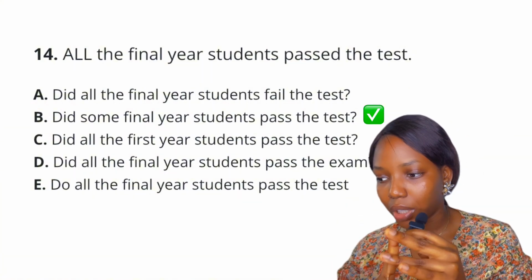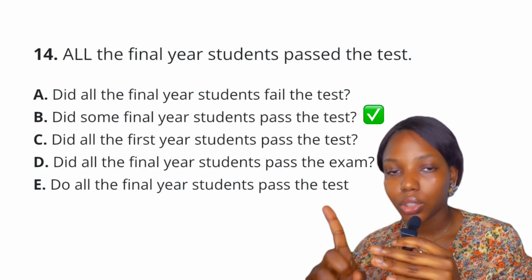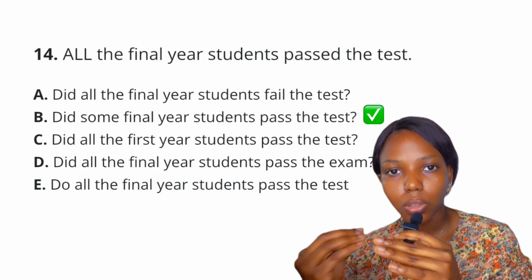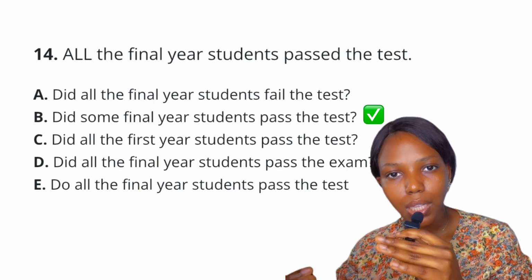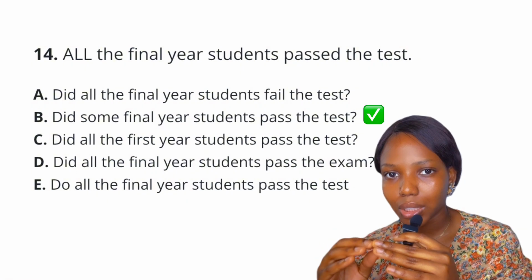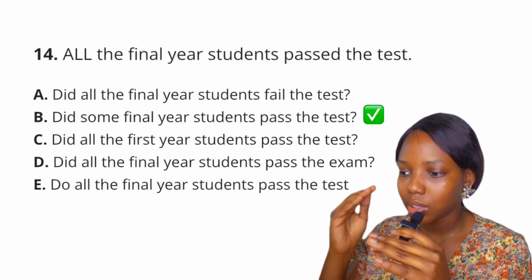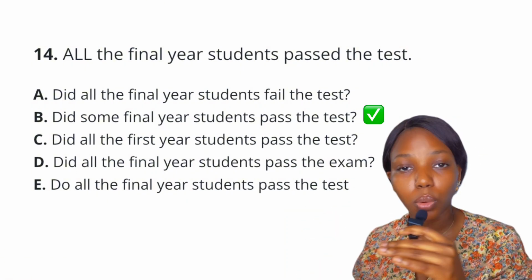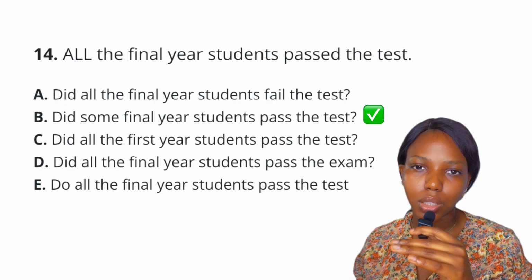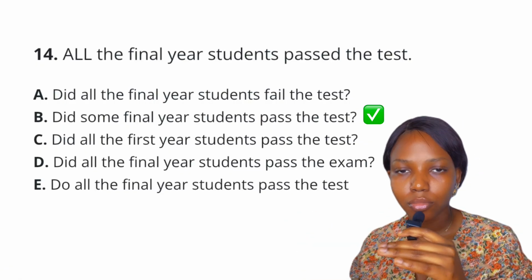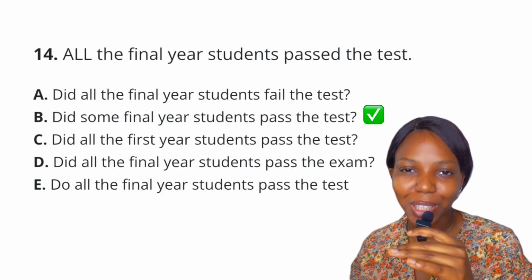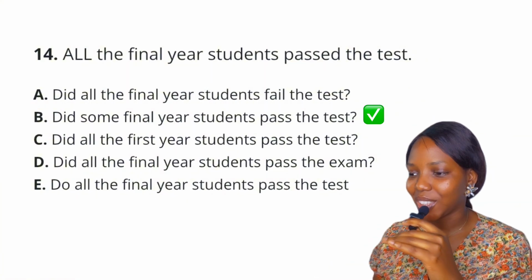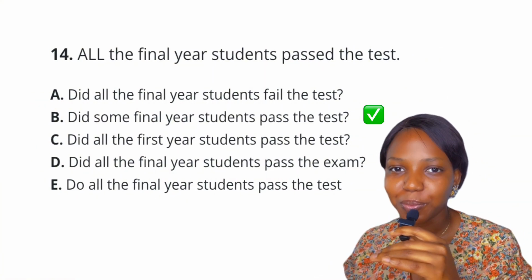You see the final year students, right? You see some, which is a natural alternative for all, and this is a perfect question that tests the contrast. Did some final year student pass the test? No, all the final year students passed the test, just as you all will pass your exams. So the final answer to this question is definitely option B.